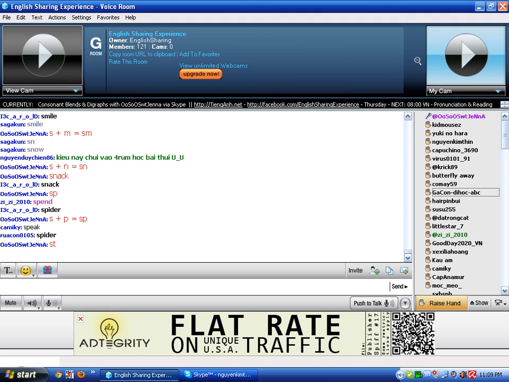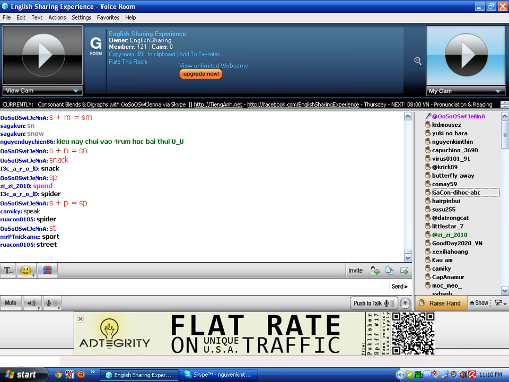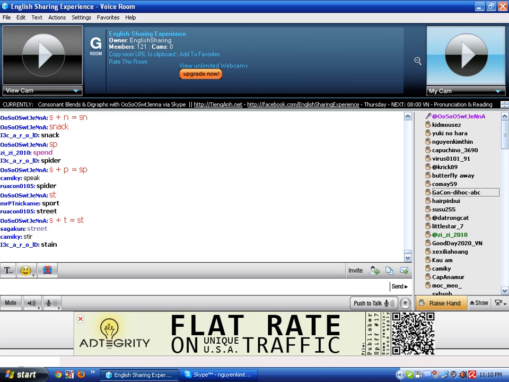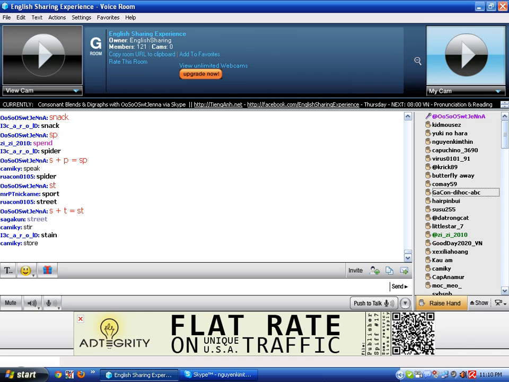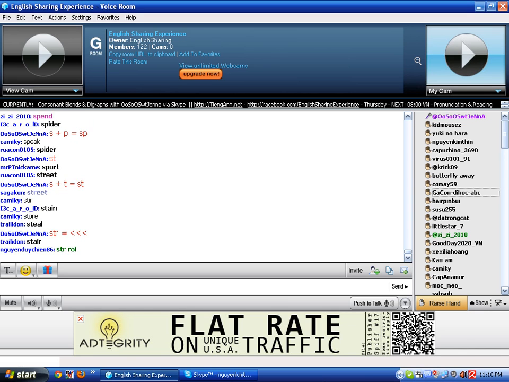To pronounce this is the combination of the S and the T together, st, as in street. Oh, no, not street. Street is a three-letter consonant blend.